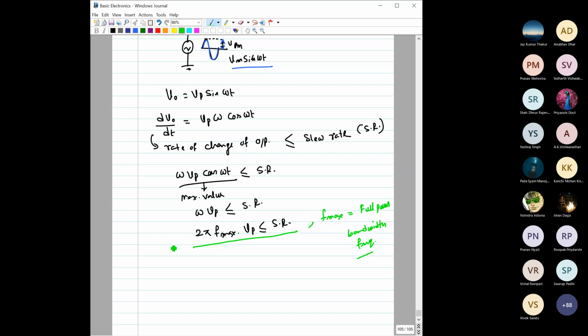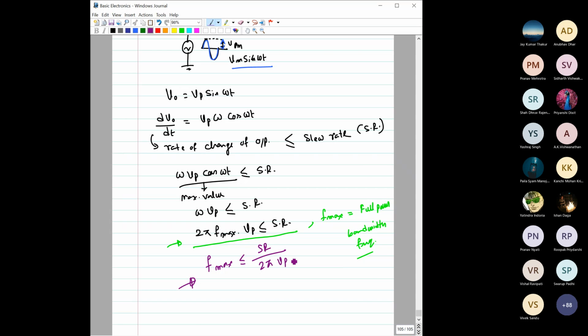So if we know this equation, you should be able to find the maximum frequency for a particular magnitude. It should be less than the slew rate divided by 2 pi Vp. You should be able to relate the maximum frequency of the signal for a particular Vp, or for a particular frequency, what the maximum value of the peak Vp should be.